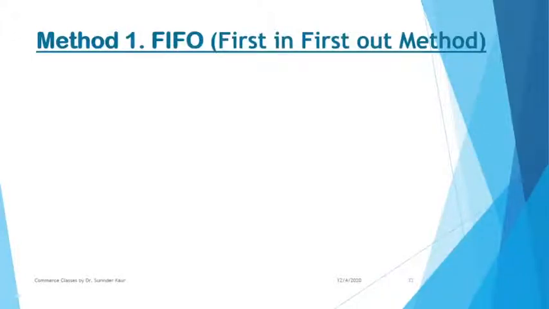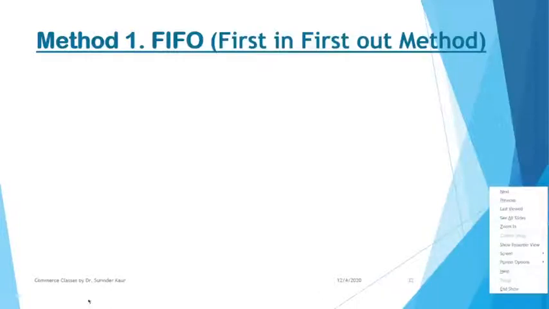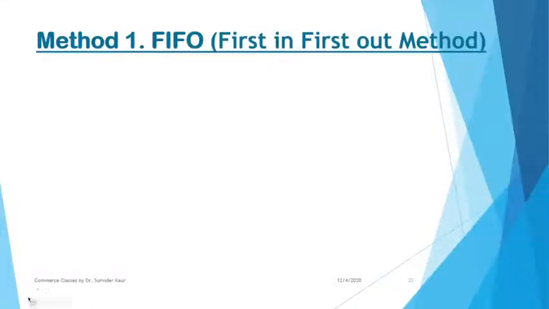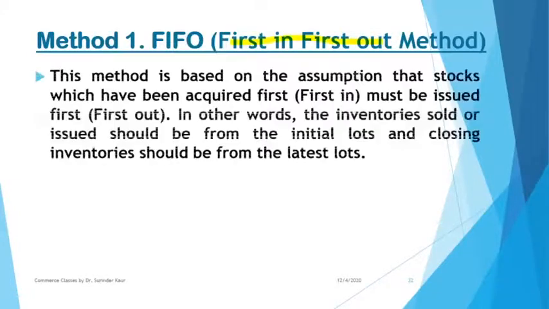But for valuation, we are just following this approach that we assume that the stock which has been acquired first will be sold first. All right. So this method is based on the assumption that stock which has been acquired first will be issued first.